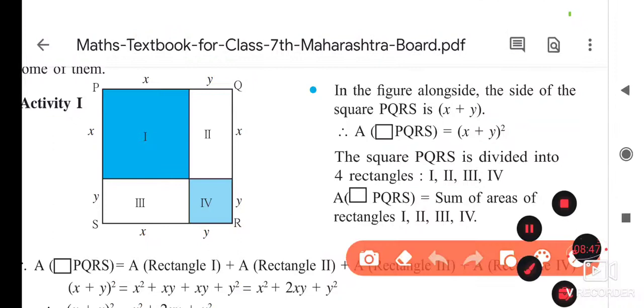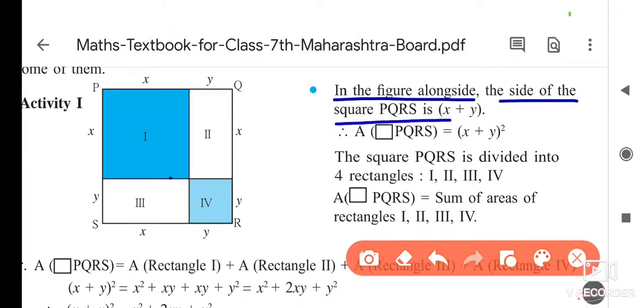So here in this figure, PQRS is a square, and the side of PQRS is x, the measure of this dark blue part, and the white portion is y. So the length here is x plus y, here also x plus y, and x plus y.